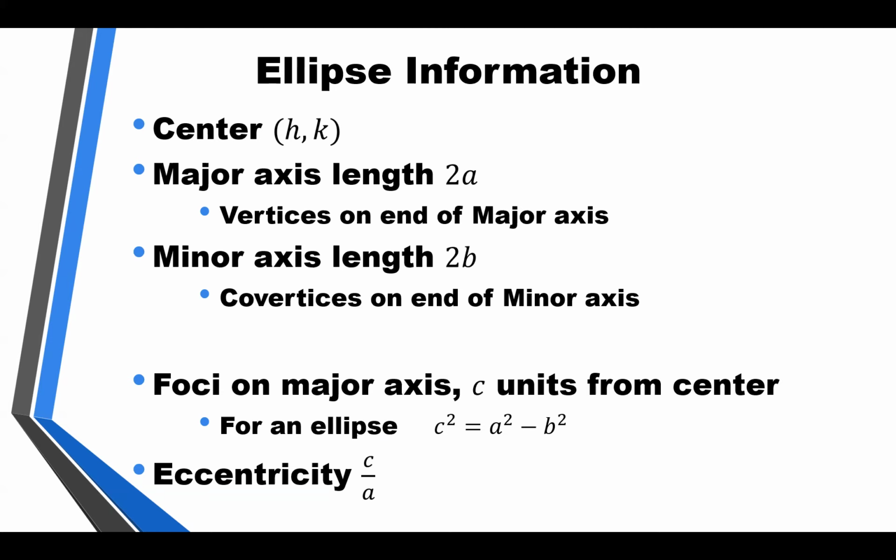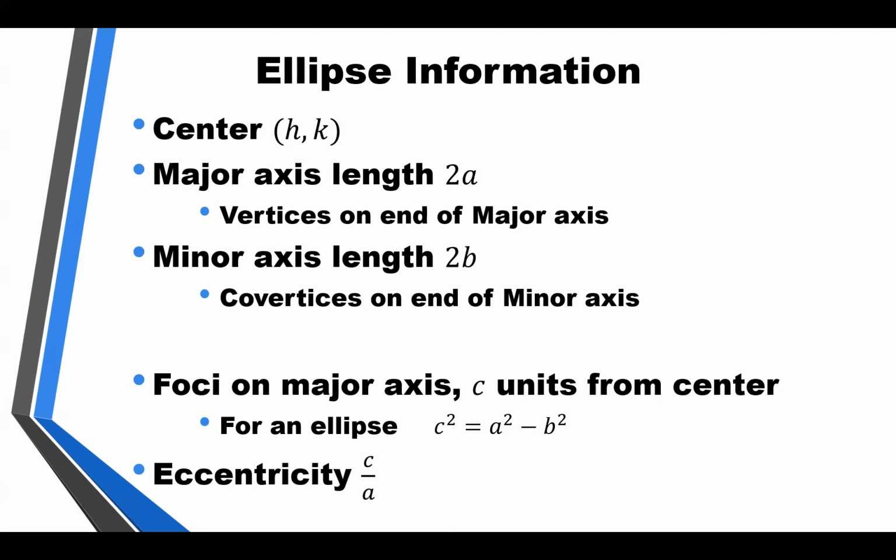So the points on the ellipse at the end of the major axis are what we call the vertices. The minor axis has length 2b. That's obviously the shorter axis. And we say that the points on the ellipse at the ends of the minor axis are called covertices.